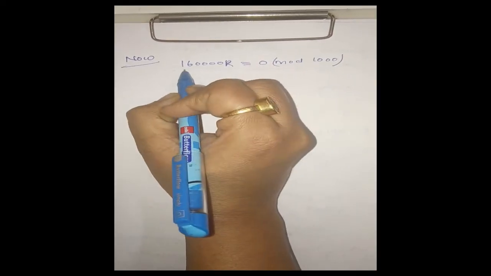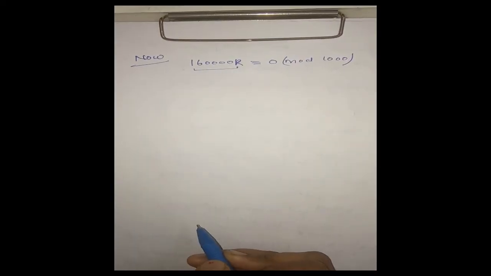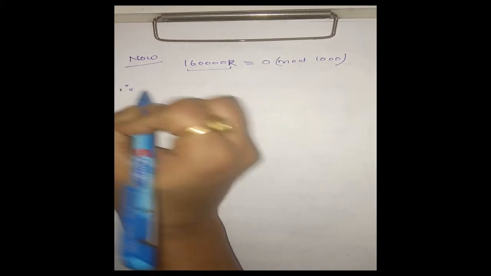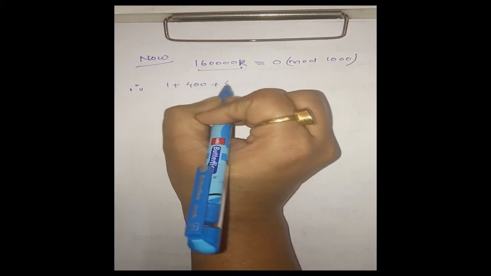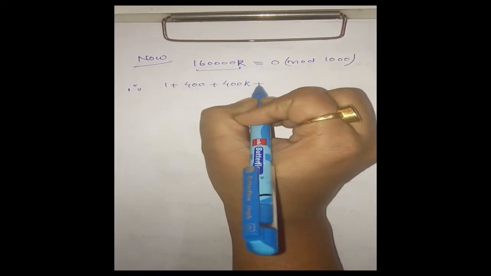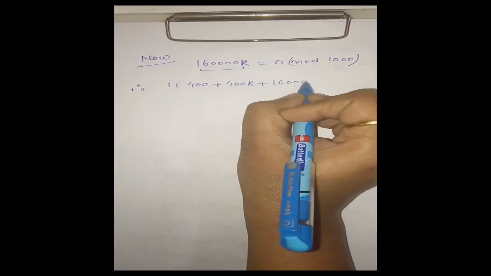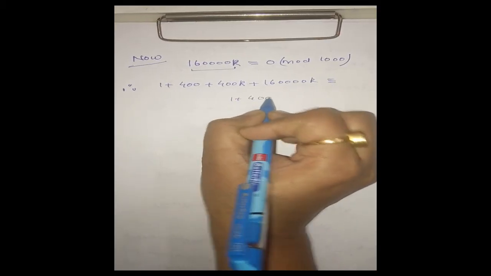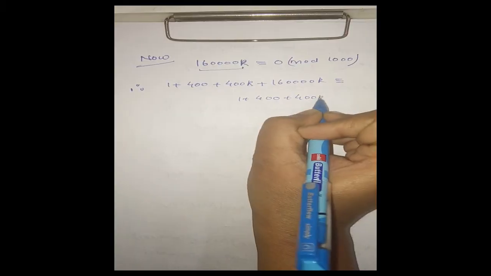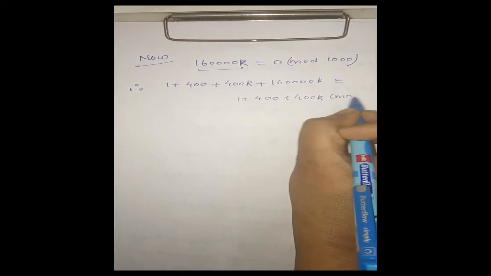Clearly 1000 divides this number. Therefore, adding 1 plus 400 plus 400k on both sides, we get 1 plus 400 plus 400k modulo 1000.